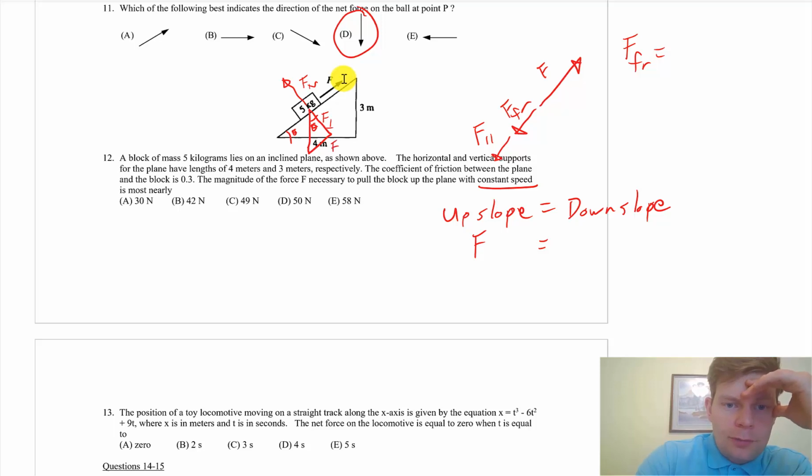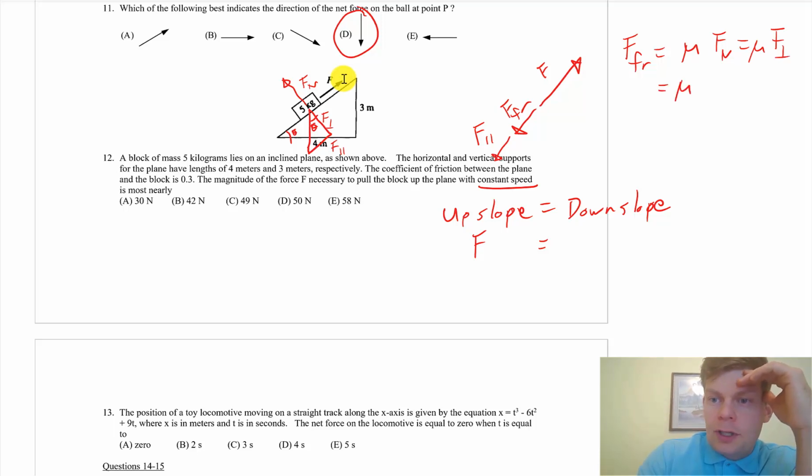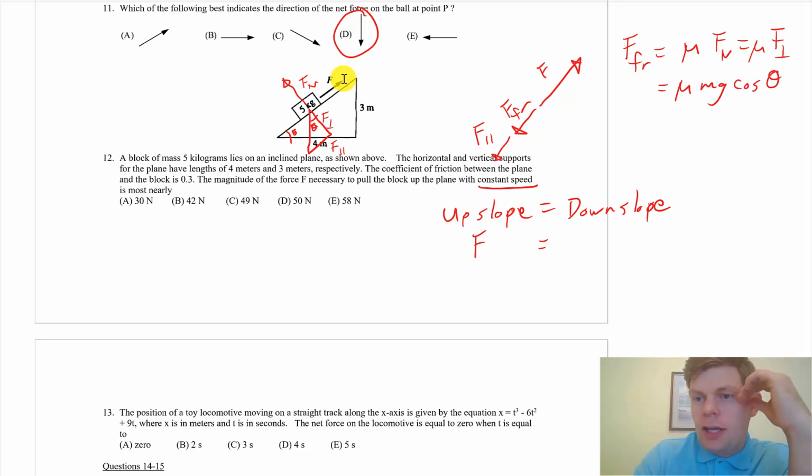And this is F parallel. So force of friction is mu Fn, which is the same as mu F perpendicular, which is going to be mu mg cos theta, if you look at this.